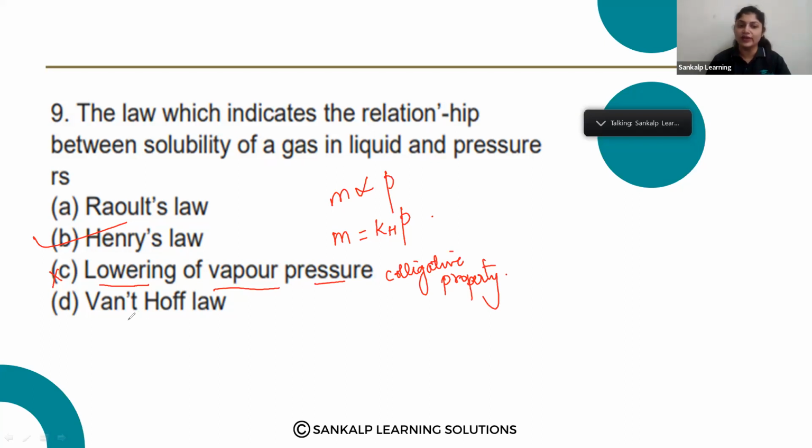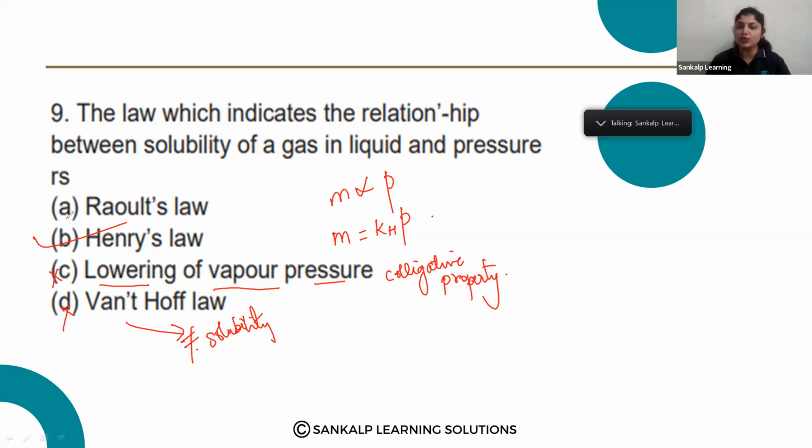So the Van't Hoff law talks about the endothermic reaction: as the temperature increases, the rate of the reaction also increases. Here it is concerned with the rate, and nowhere concerned with solubility. So this option is also wrong.